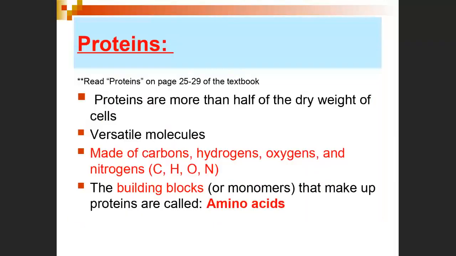So we start out with proteins. One thing you need to do for each one of these macromolecules is to know their building blocks. What are these large molecules made of? In the case of proteins, these are amino acids. Do not confuse amino acids with nucleic acids. Be careful with that. Amino acids are smaller building blocks made of carbon, hydrogen, oxygen, and nitrogen.